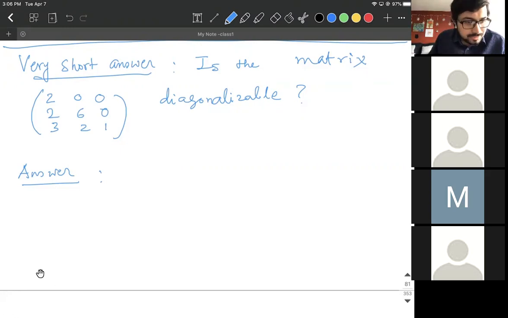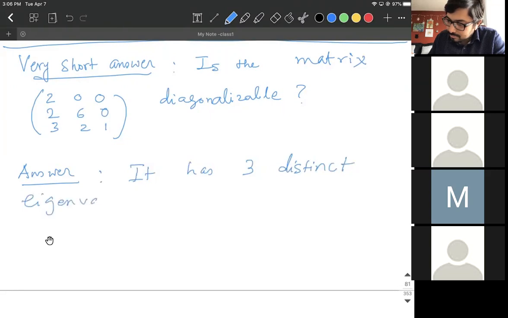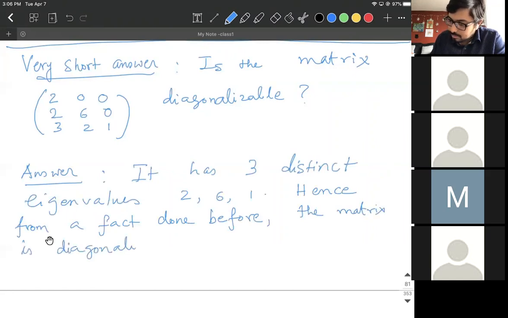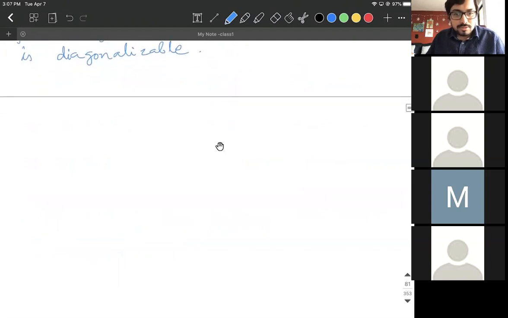Exactly, so it has 3 distinct eigenvalues, 2, 6, 1, hence, from a fact done before, this is diagonalizable. Good.